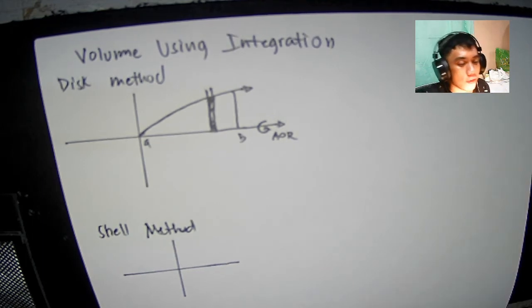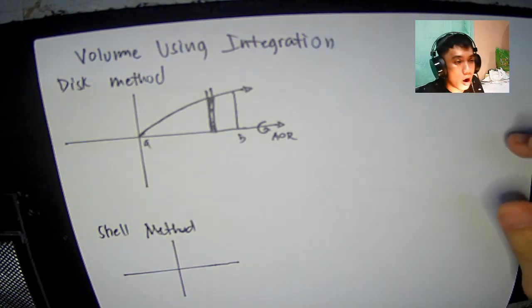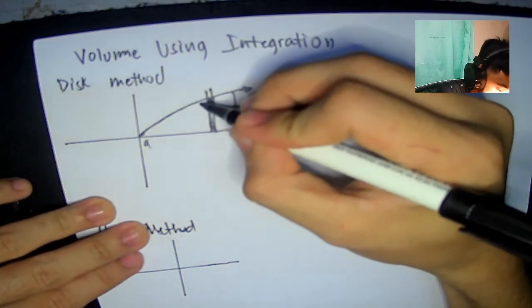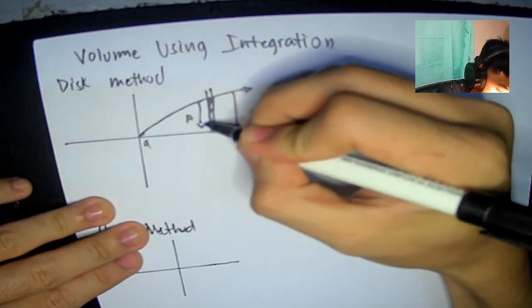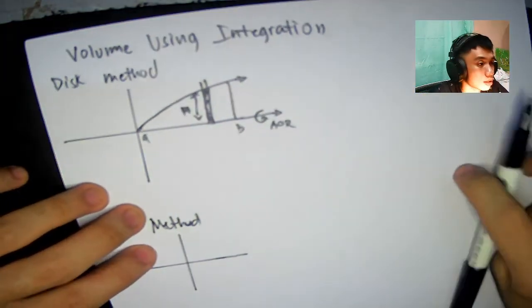If a disk rotates about the x-axis, the height is our radius. So this is your height. It's h, not a.